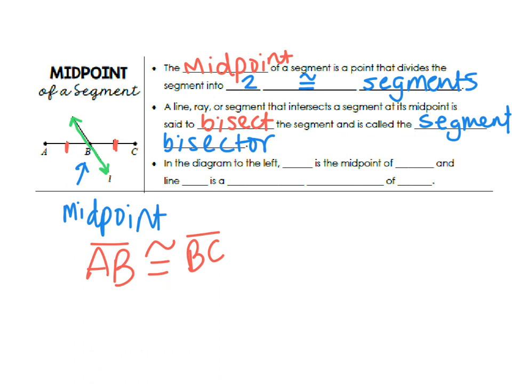Okay? In the diagram to the left, B is the midpoint of AC, which we've already pretty much talked about, and line L is a segment bisector of AC again.